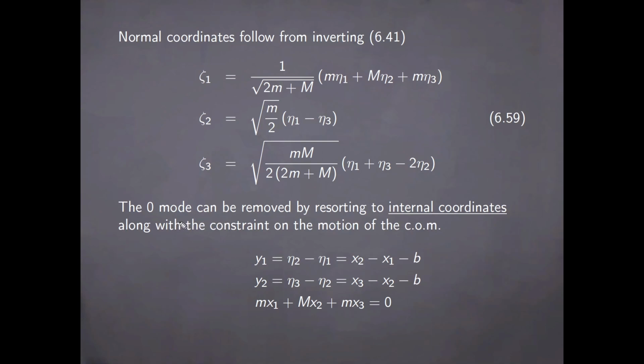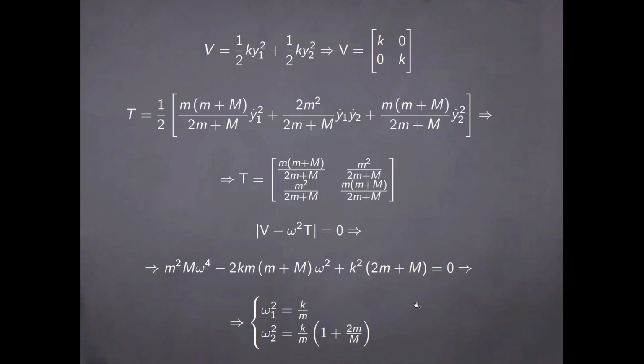And it should be noted that the zero mode can also be removed by resorting to so-called internal coordinates, and doing so along with the constraint on the motion of the center of mass. So the internal coordinates y1 and y2 have these definitions in terms of the eta coordinates previously defined, and the constraint on the motion of the center of mass is the same as the one given here.